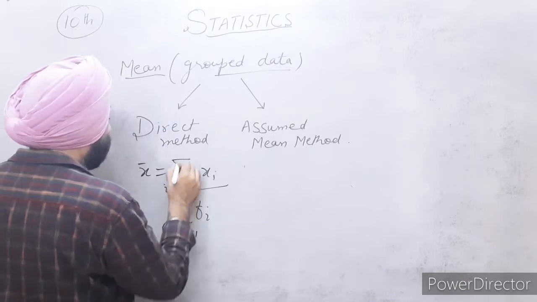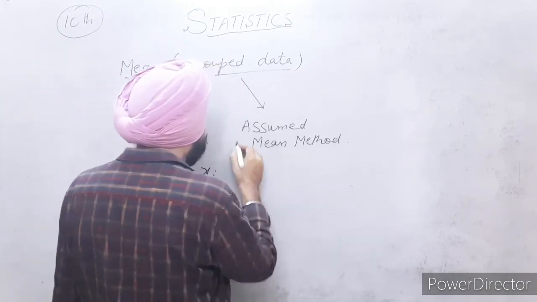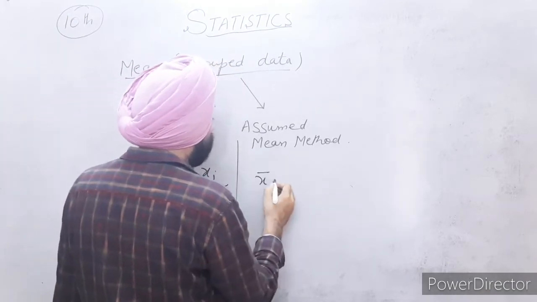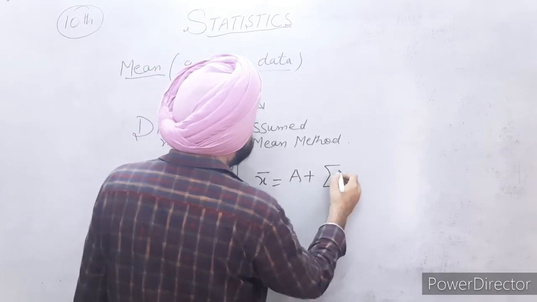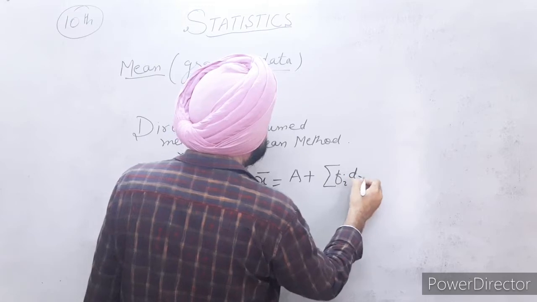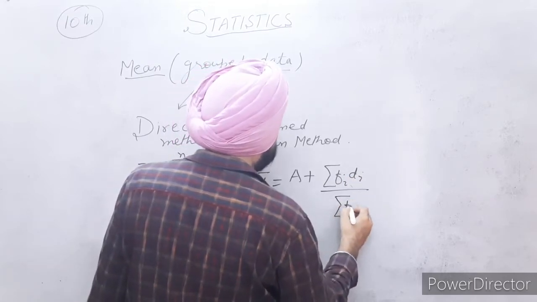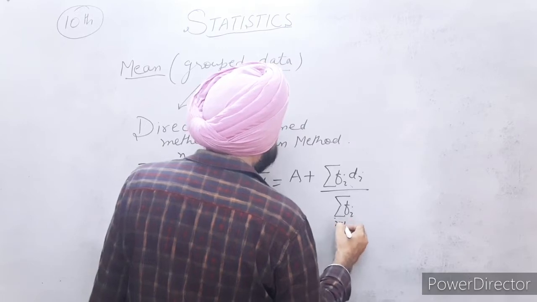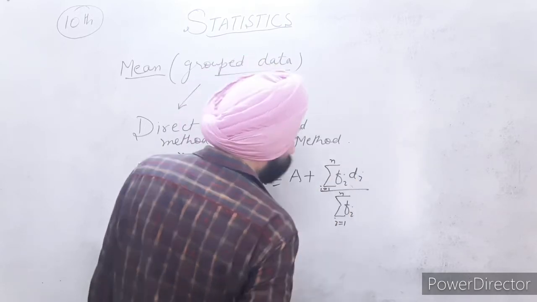Assumed mean method is x bar equals a plus summation of fi di divided by summation of fi, i equals 1 to n.